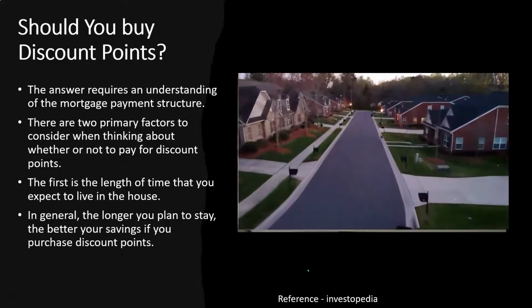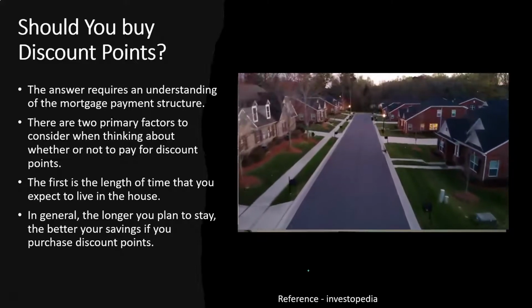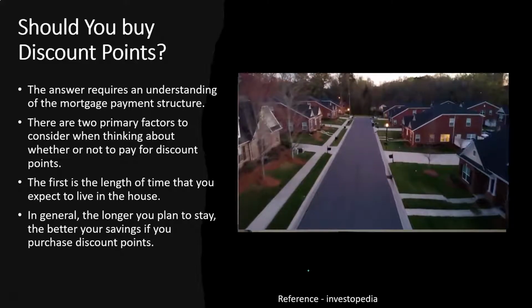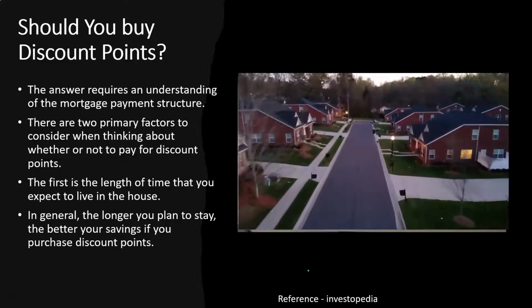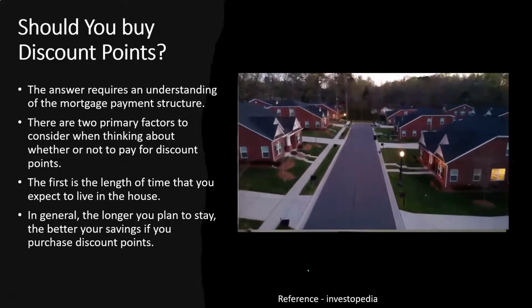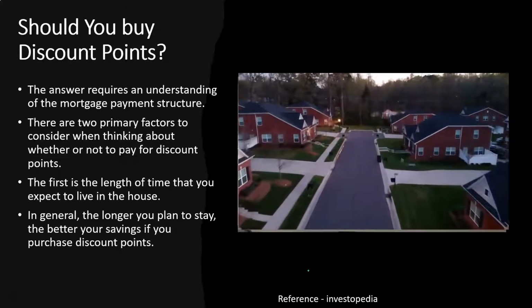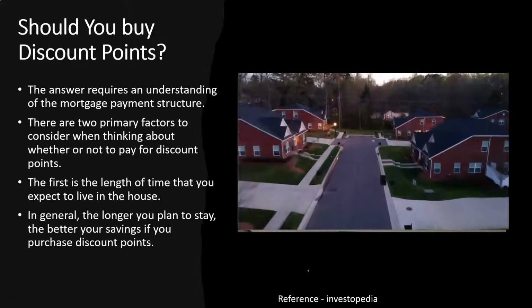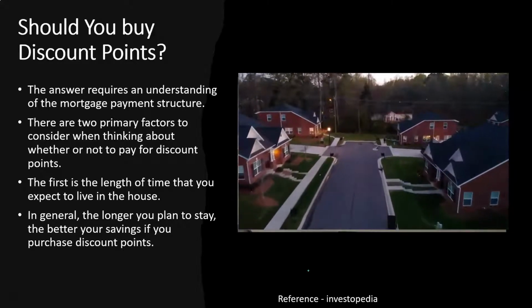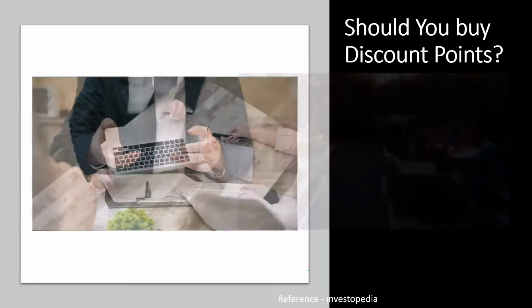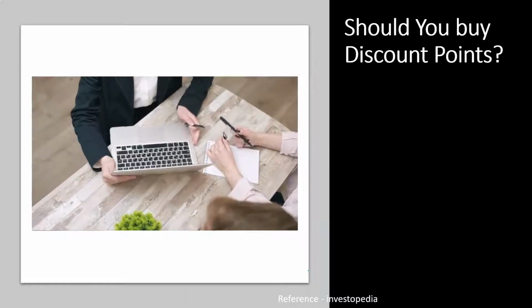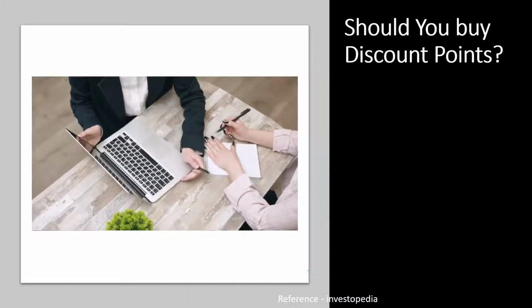However, if you're taking a 30-year loan and you plan on only being there for 10 years or something like that, then it's more questionable whether the upfront payment will pan out, given the time value of money and the lower interest rate you will be getting in return for the purchase of the points.